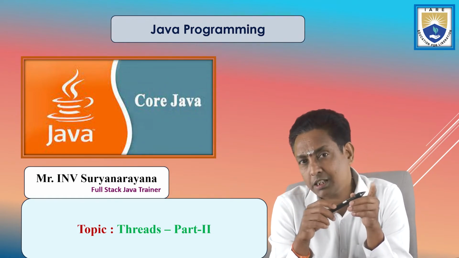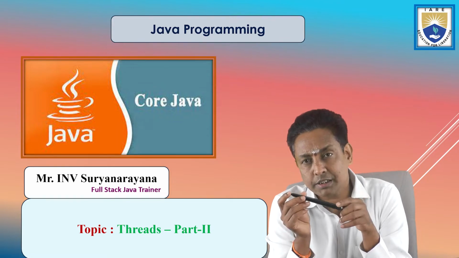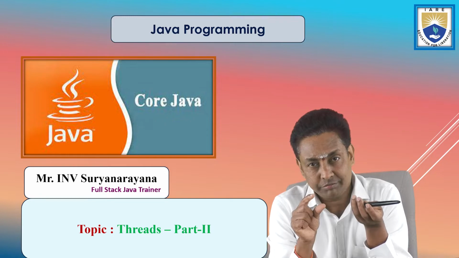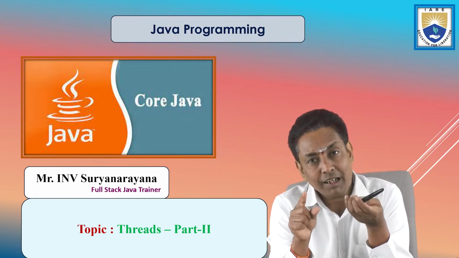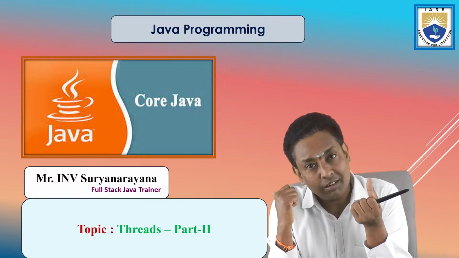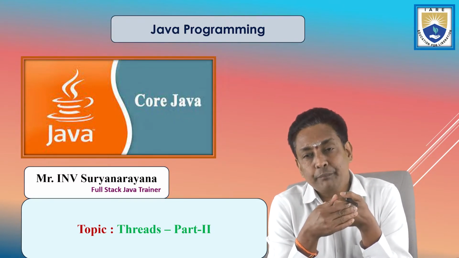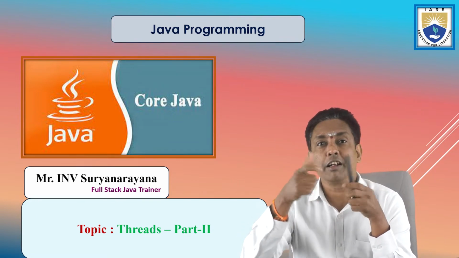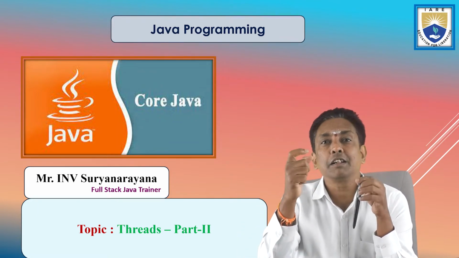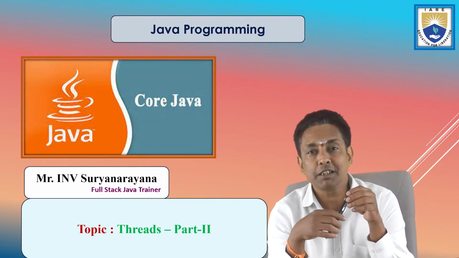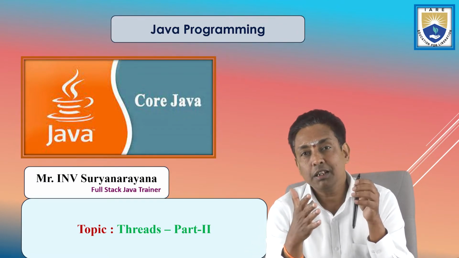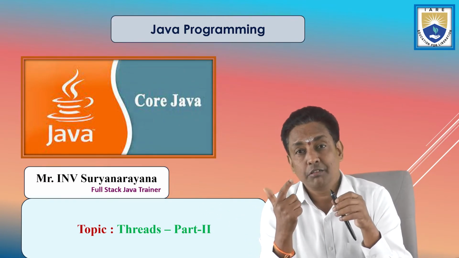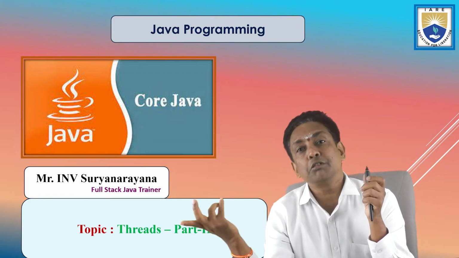The problem behind the sequential method execution is if any method execution gets delayed, the delay will impact the second method's execution as well. Suppose one method executes for some 100 iterations, and in each iteration the method delays for 100 milliseconds, that is 100 milliseconds into 100 times.